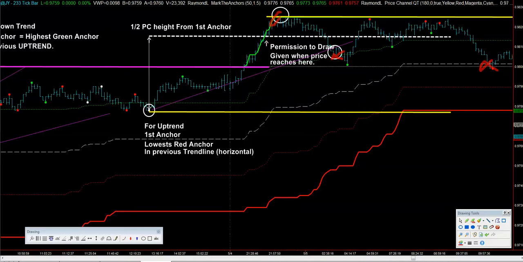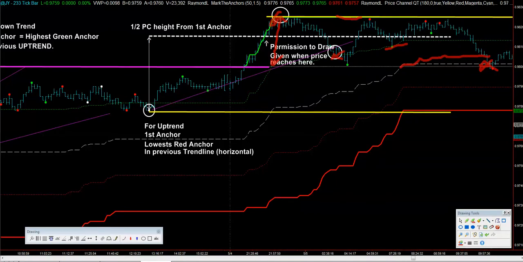Now note that this is probably not a movement of half a price channel. It may be, but the point is that sometimes the price channel will move up, and that's okay. If it does that, it qualifies. Any 3 touches will qualify, and it's touched once, twice, and there's the third touch.